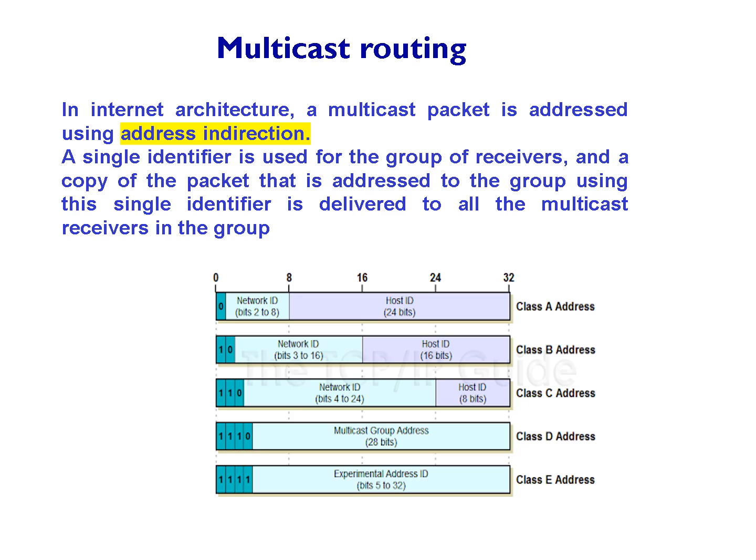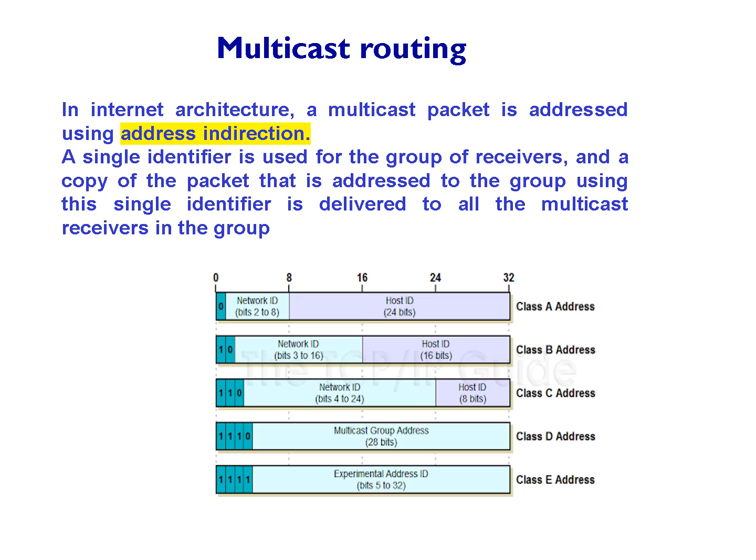Here, the class D type of IP addressing is used for multicast grouping. All the members belonging to a group will begin with a particular IP address prefix 1110. All those hosts which have an IP address beginning with 1110 will be members of the group.